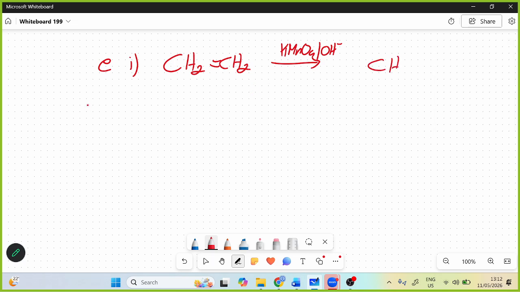And this gives the diol. If you want to try and balance it, KMnO4, or better still, MnO4 minus, will give MnO2. This is one of the rare cases where it doesn't give Mn2 plus.